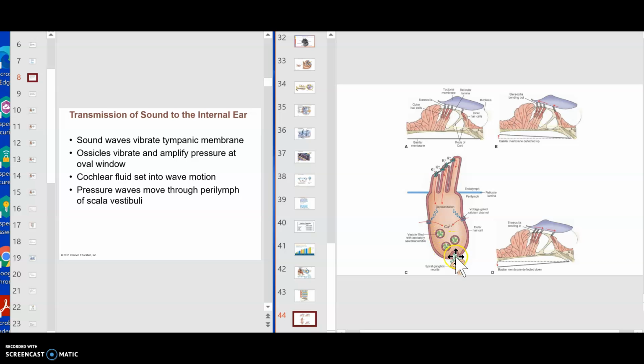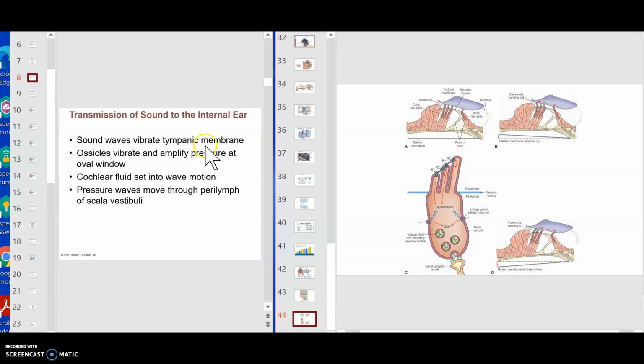The vesicles then would release glutamate, the neurotransmitter, and the glutamate would cause the cochlear branch of the vestibulocochlear nerve to reach threshold, and action potentials would be carried into the brain. So that's how everything occurs. You'll need to review over it.